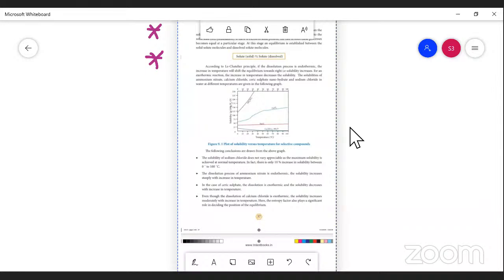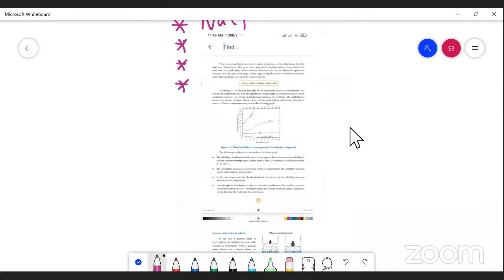In fact, there is a little bit of change. If you look at this, there is a minute variation. That's why there is a 10% increase in solubility.